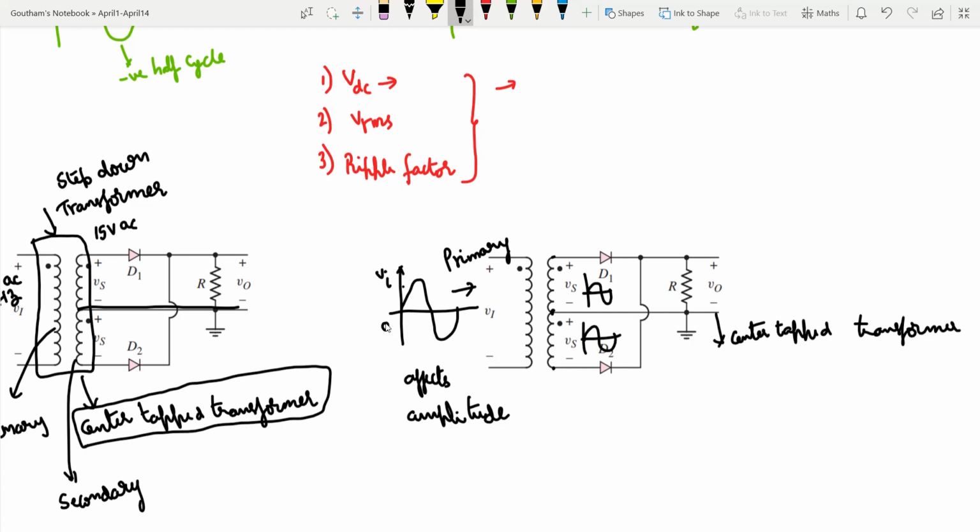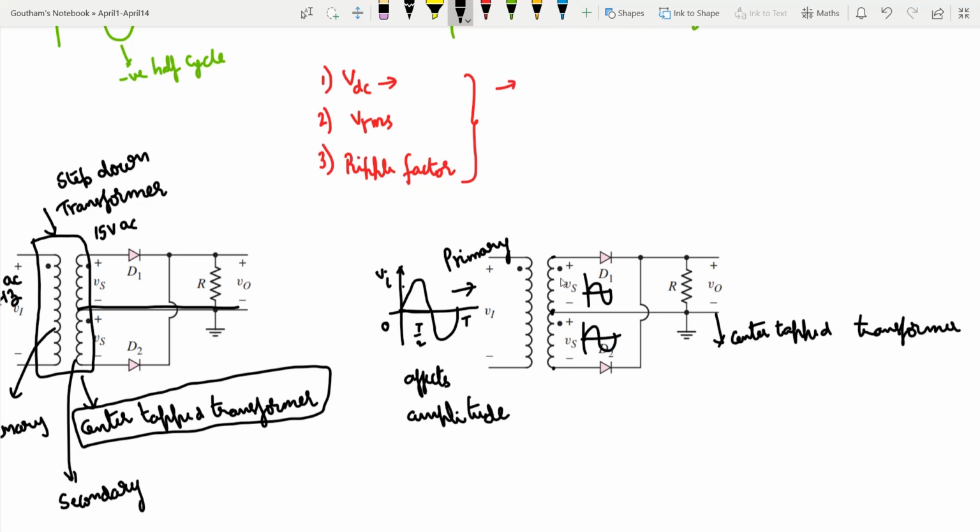Like always, all these discussions go about which one of these diodes is forward biased and which one is reverse biased. Now let us go half-wise. In the time interval between 0 to T by 2, our vi is positive.